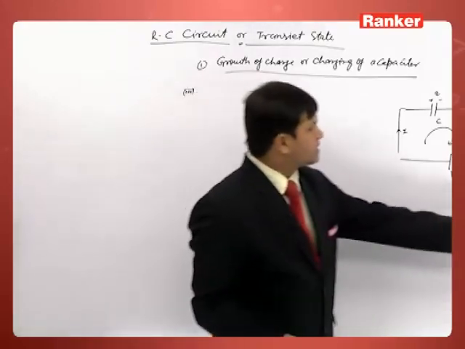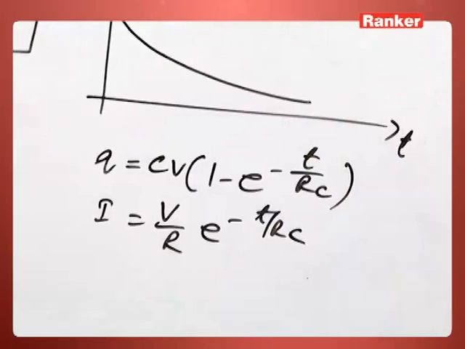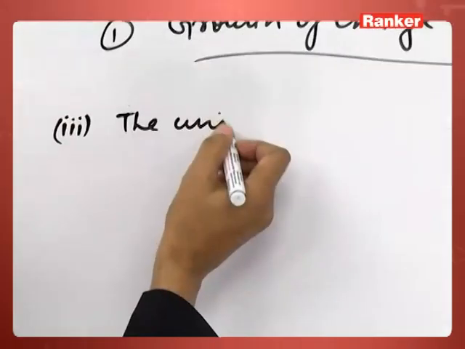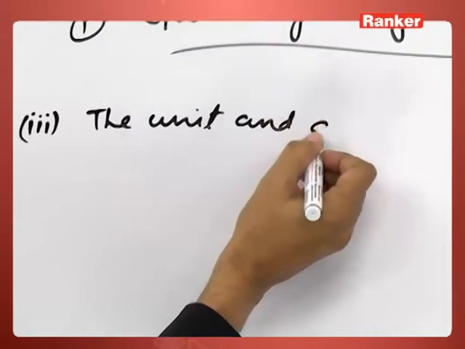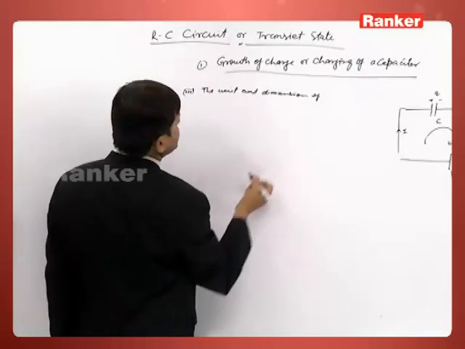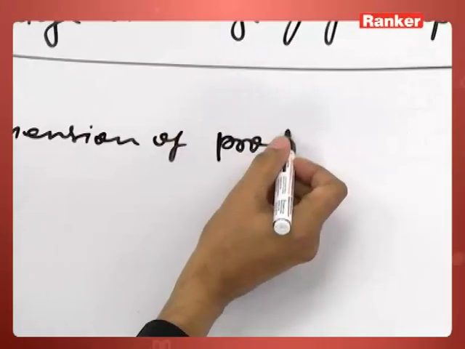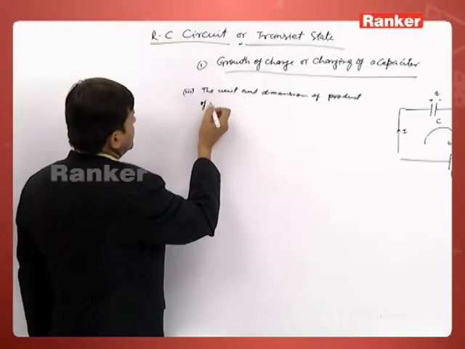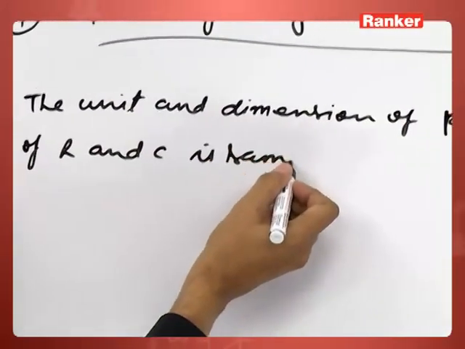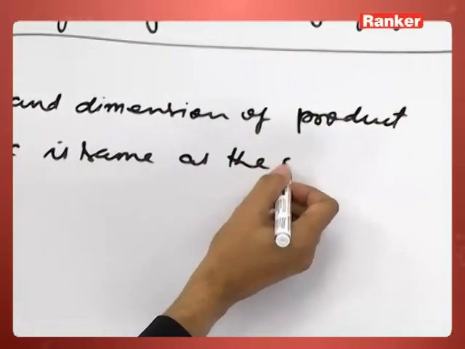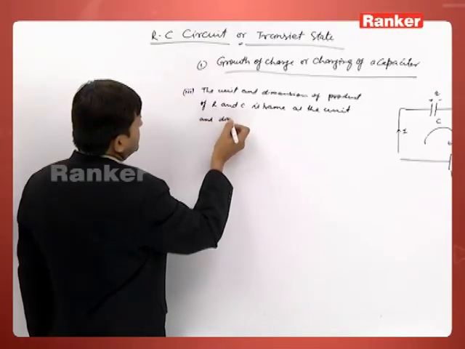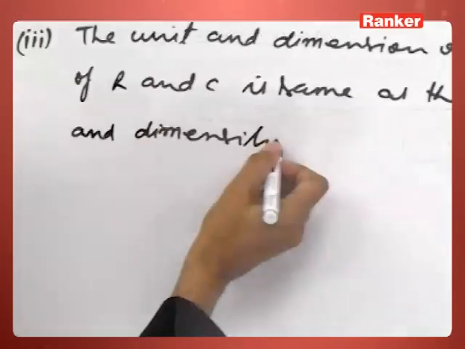In this expression, one term is the product of R and C. The unit and dimension of the product of R and C is the same as the unit and dimension of time.